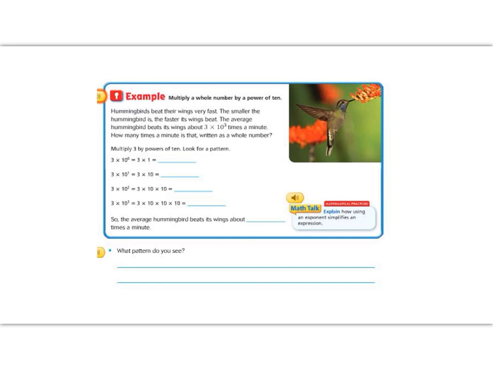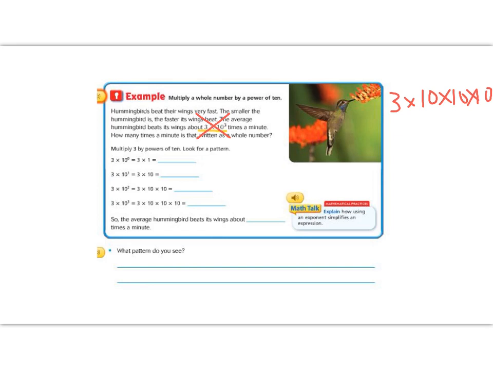So if we think back to 3 times 10 is 30, but this is absolutely not what we want to do because we're not saying 3 times 10, we're saying 3 times 10 times 10 times 10 because that 10 to the power of 3 means I have 10 3 times. So let's work this out 1 10 at a time.